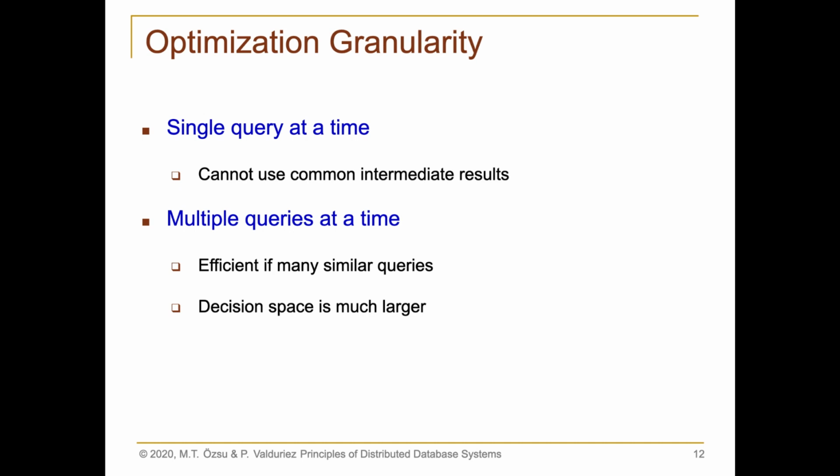But the setback is that the decision space is much larger, because multiple queries are supposed to run concurrently. In this case, queries can share their intermediate results, improving the overall performance of query processing.